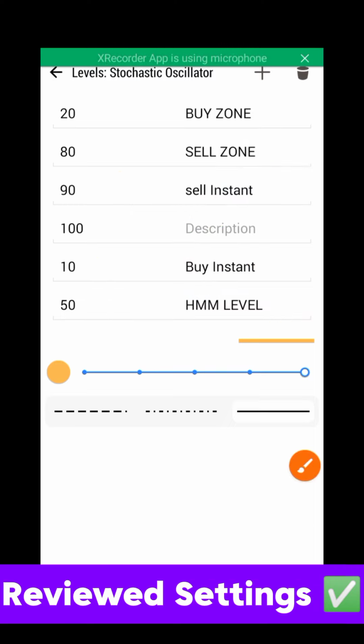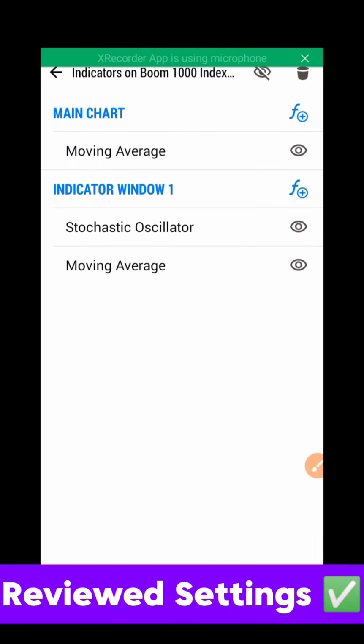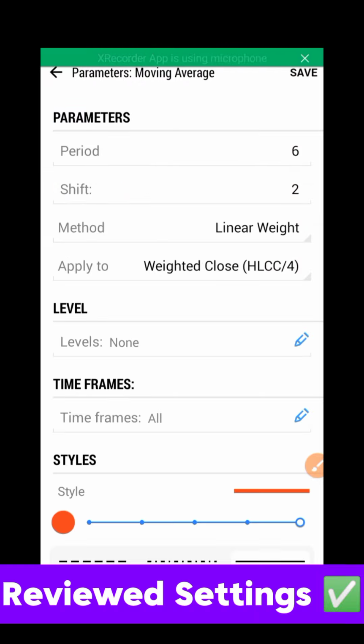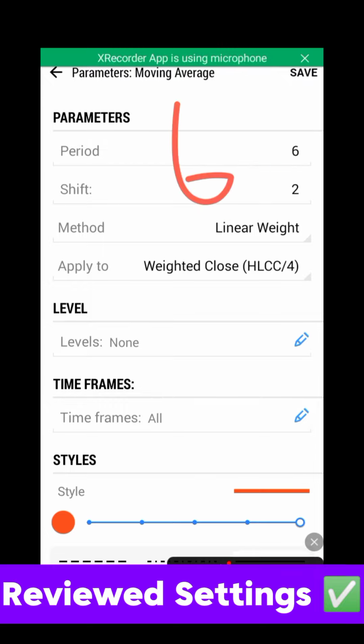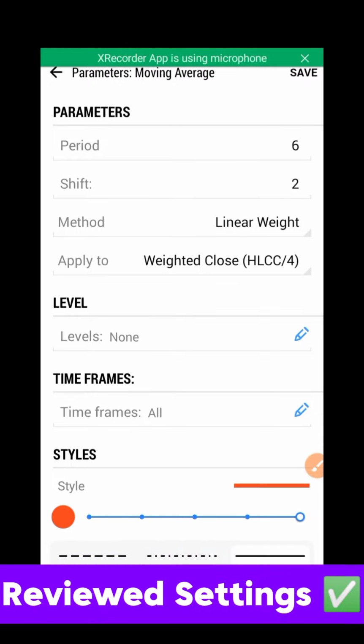And also, under the window indicator 1, under the stochastic, we also have a moving average with the following settings. A moving average of 6 period. You can see this is a 6 period moving average, also with shift 2, method linear weighted, applied to weighted close HLCC/4, style red.